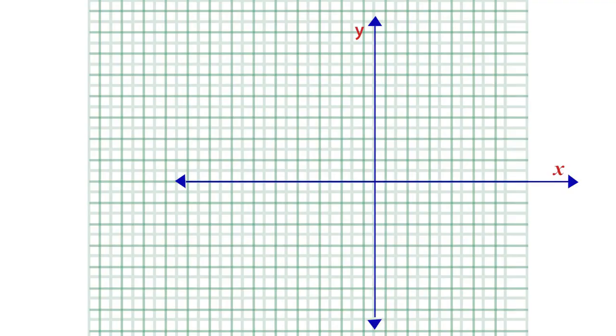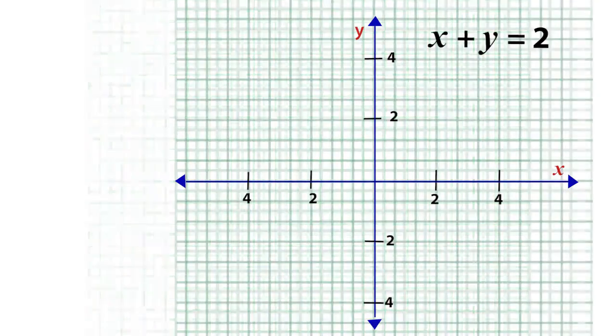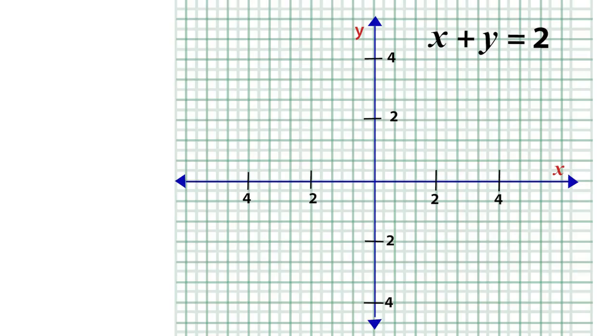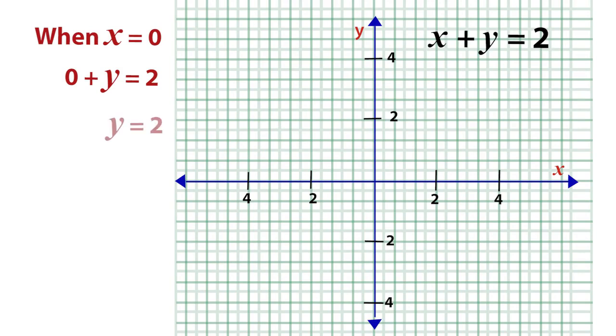For the first equation, which is x plus y is equal to 2, when x is equal to 0, then we have 0 plus y is equal to 2. And that gives us y is equal to 2. So one point on the line is given by (0, 2).